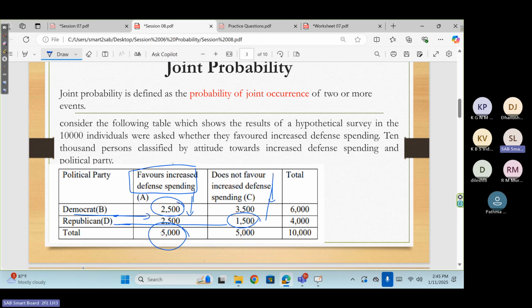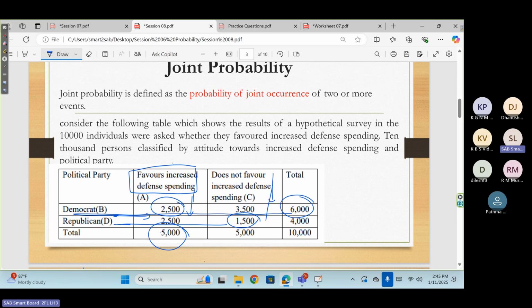Then we take the example: if we randomly select a person, that person's political party is Democrat. We are only discussing their political party, not their attitude. Then the Democrats, how many? 6,000. The probability value is 6,000 over 10,000.